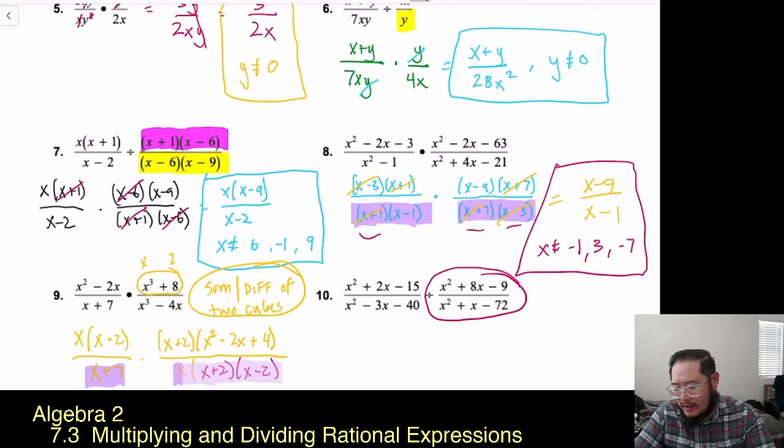All right, so let's see what we have in our denominators right here. Okay, I'll go ahead and highlight that stuff. And let's see what we could start canceling out. This x, bye-bye. X minus 2, see you later. The x plus 2's, adios. So a lot of stuff in my denominator is no longer there. So when I go ahead and put my answer down, we have x squared minus 2x plus 4 all over x plus 7.